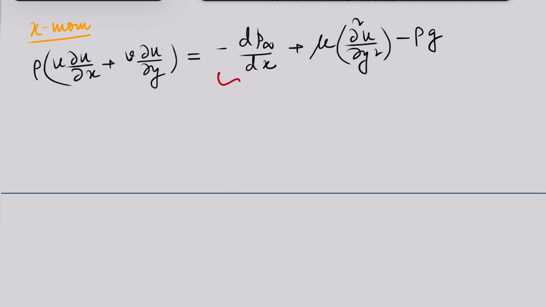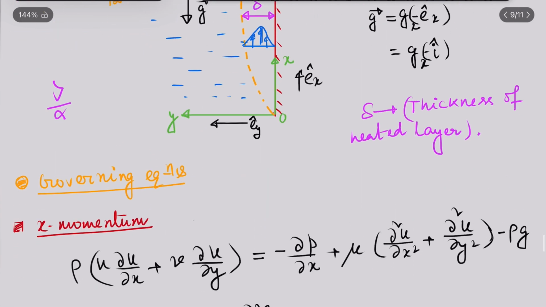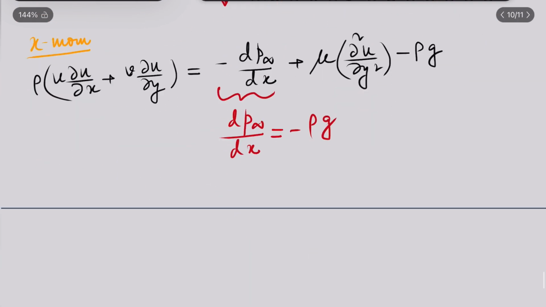The ambient fluid is in a static condition, and that means dp infinity by dx will be minus rho g x. And what is our x direction? It is pointing vertically upward, so it is minus rho g. Clear? That means minus dp infinity by dx will be plus rho g.